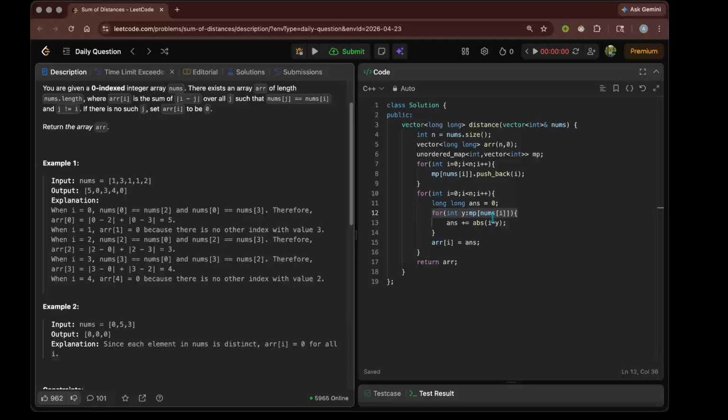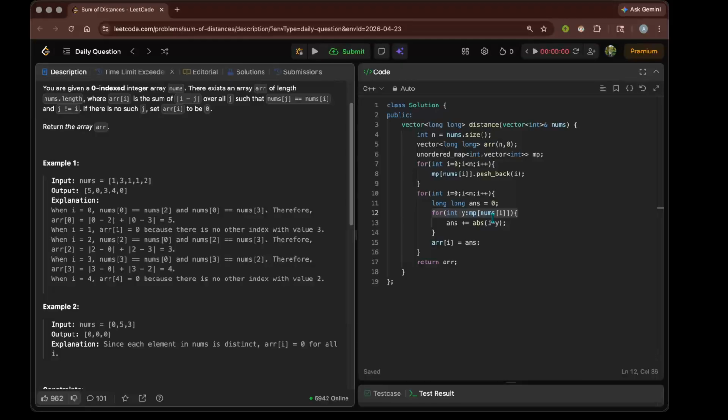For 1, again we got one. We found 1 at index zero. So 2 minus that index 0 would be 2. Then we have found the 1 at 0 and 2, so we should subtract with 3.